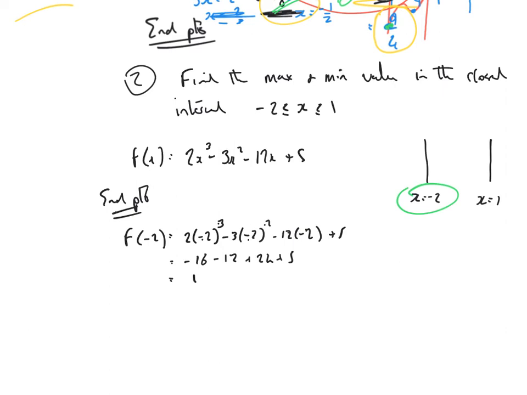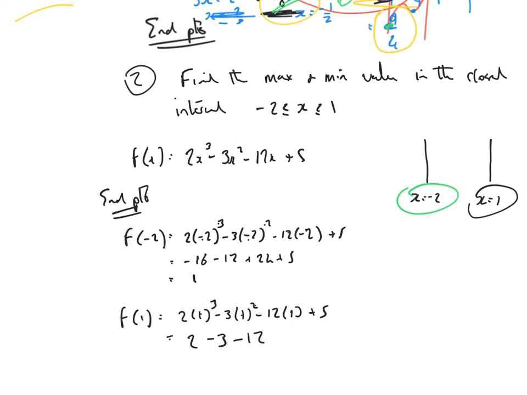Okay, let's check the other end point. X equals 1. F of 1, 2 lots of 1 cubed, minus 3 lots of 1 squared, minus 12 lots of 1 plus 5. 1 cubed is 1 times 2 is 2. 1 squared is 1 times 3 is 3, minus in front. And minus 12 plus 5. 2 minus 3 is minus 1. Minus 1 minus 12 is minus 13.